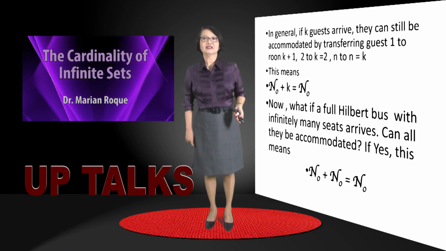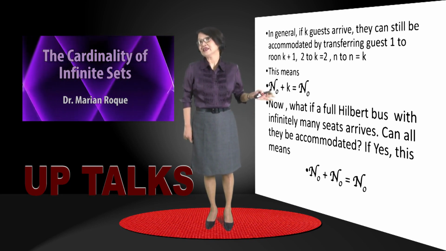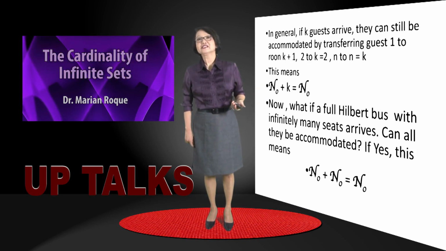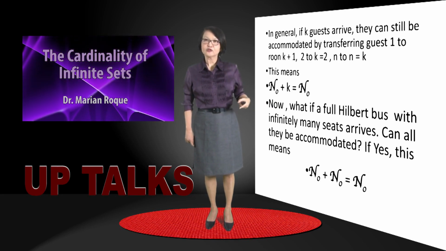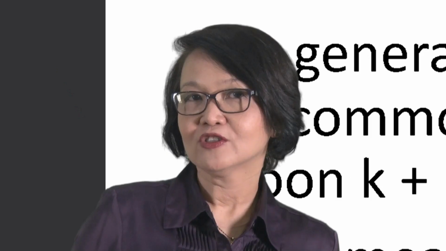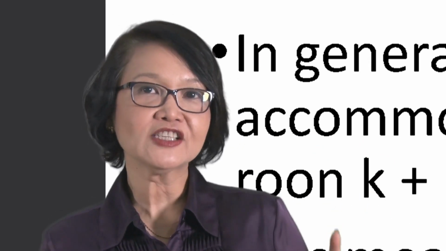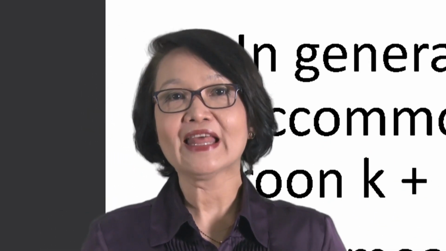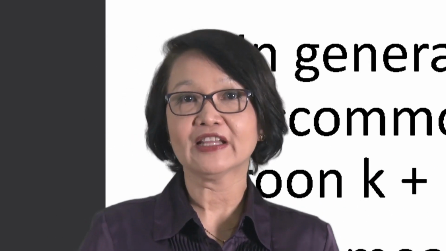So in general, suppose k number of guests arrive. K can be any number. They can still be accommodated by transferring guest 1 to room k plus 1. So example, if there will be 10 guests arriving, you ask guest 1 to move to room 11. You ask guest 2 to move to room 12, and so on.